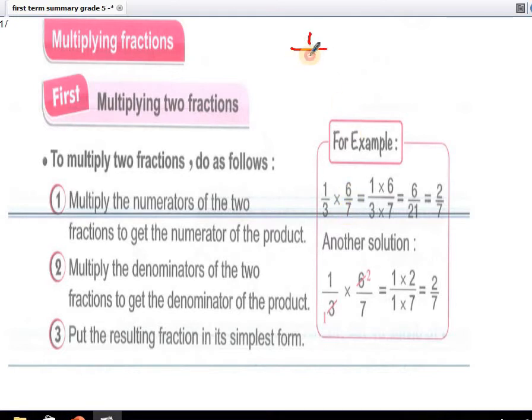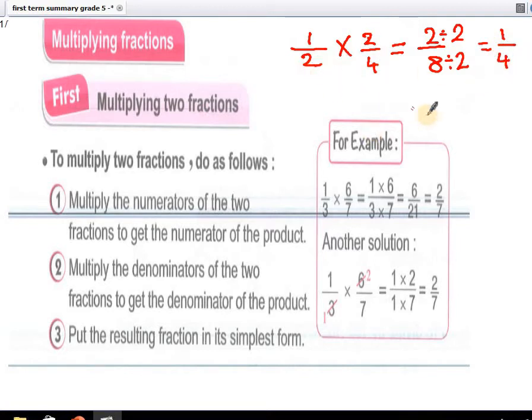Like if I have 1 over 2 multiplying by 2 over 4. Okay, here 1 by 2, 2, and 2 by 4, it's 8. I will not leave it as is. I have to simplify. I'm gonna simplify by dividing by 2 because they are even numbers, and here I have 2 divided by 2, so it will be 1 over 4.